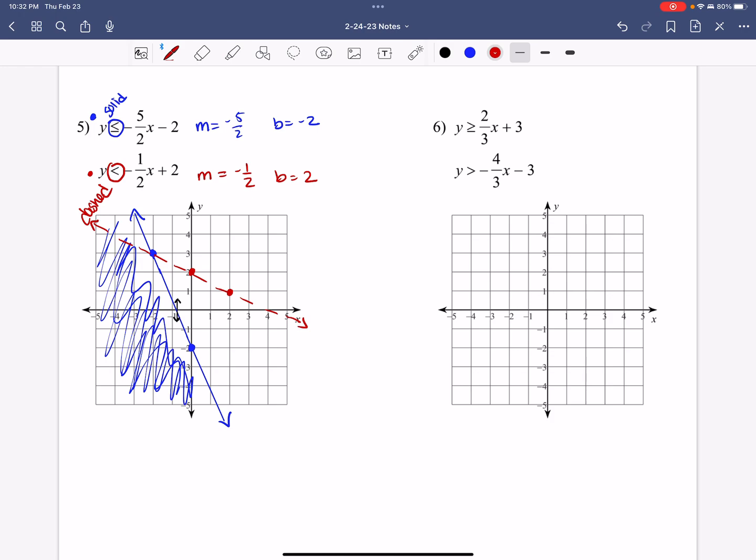And it goes on. Now this is less than, right? So again, you're going to draw a little line, and it's less than, so you're going to shade less than this one. So it's going to be all of this. Remember, we're talking about the red one.